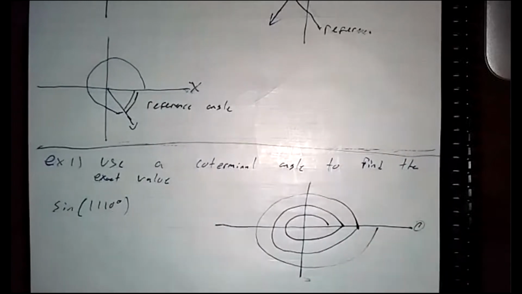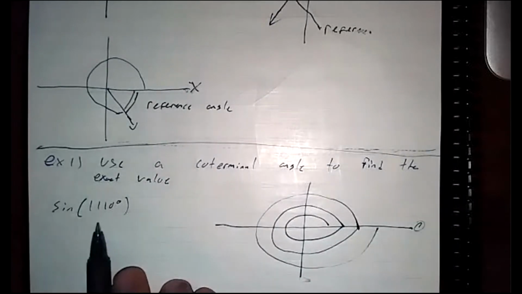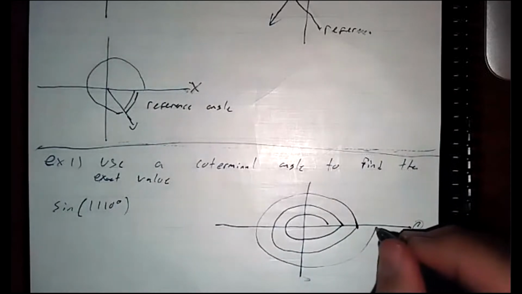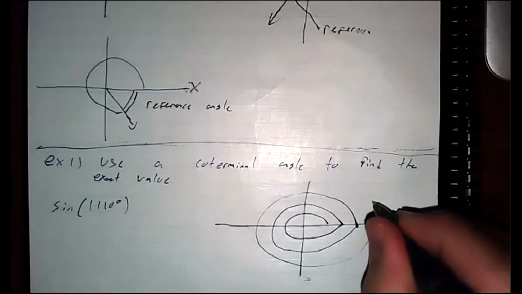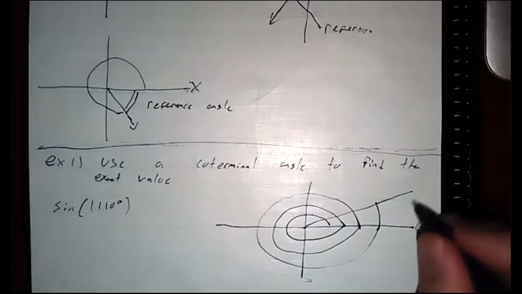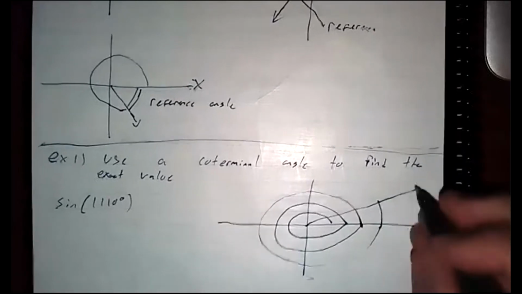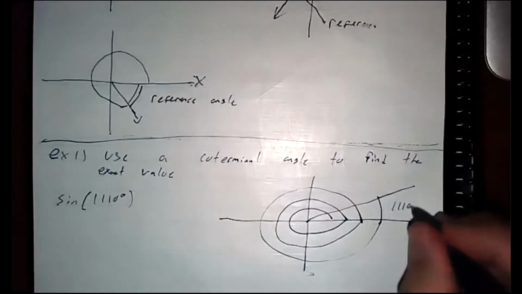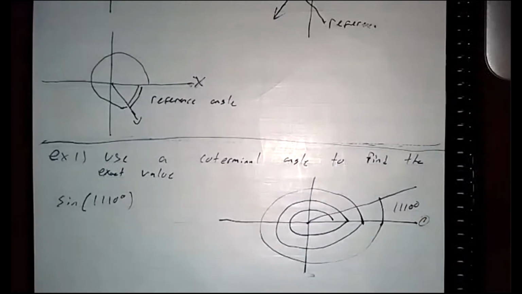So how much is left after I go 1080? Because that's supposed to go to 1110, right? 30. 30 degrees. So the actual angle would be right here. So this nonsense that I drew is 1110 degrees, but the coterminal angle is 30.